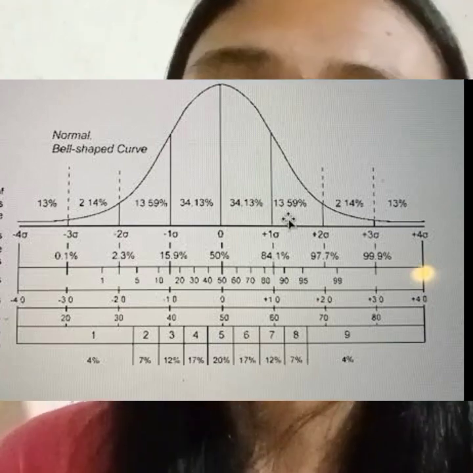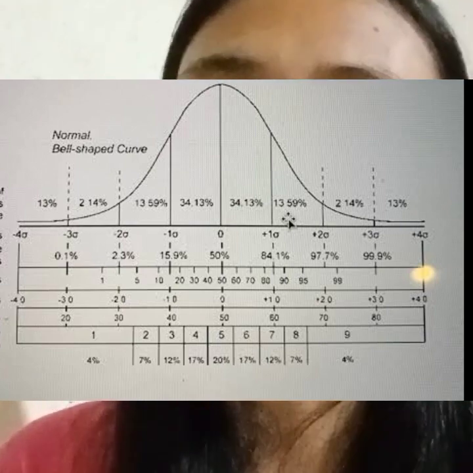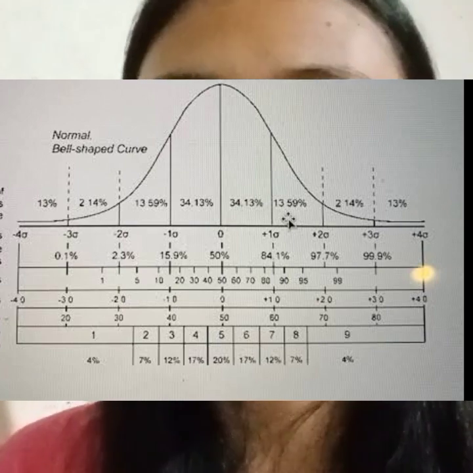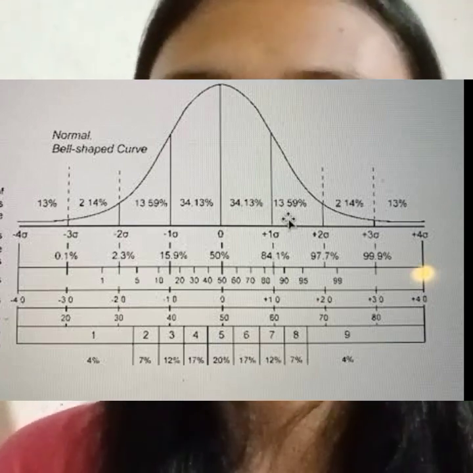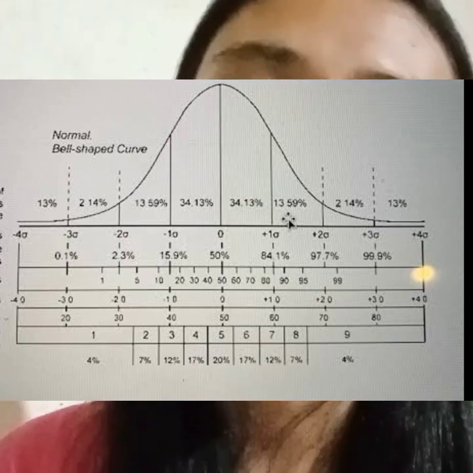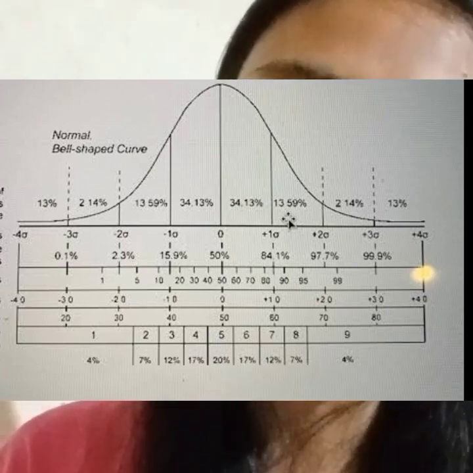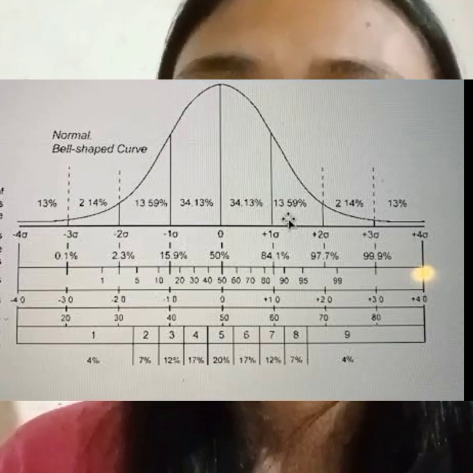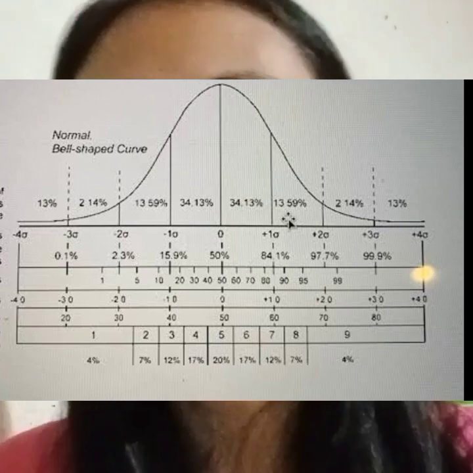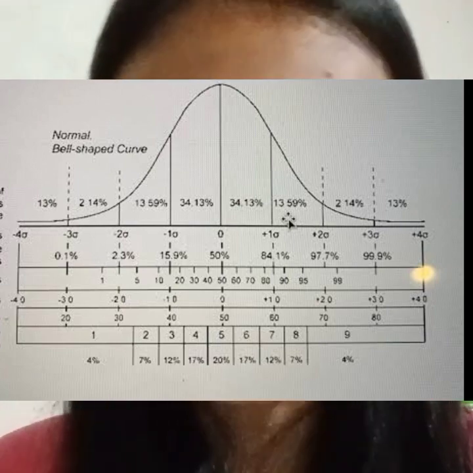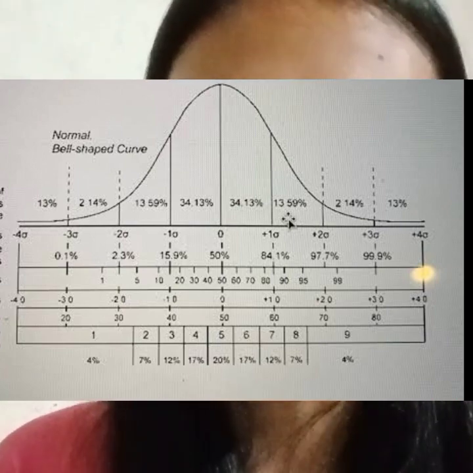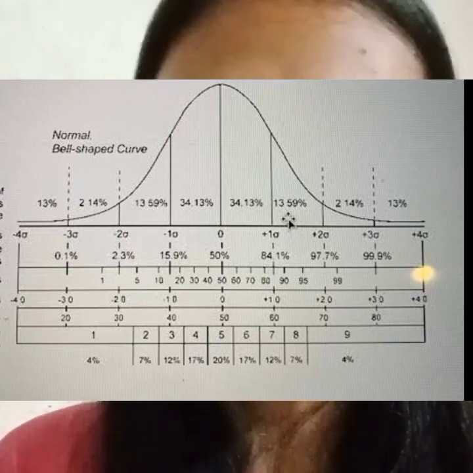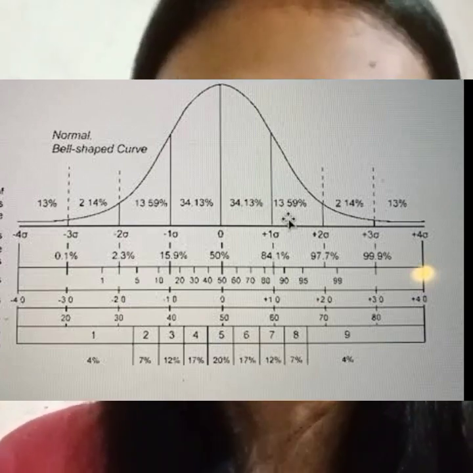The mean, the perpendicular line down the center of the curve of the normal distribution, divides the curve in half. So we divide the curve in two: 50% of the area under the curve is to the right of the mean and 50% is to the left. Therefore, 50% of test scores are greater than the mean and 50% of test scores are less than the mean.